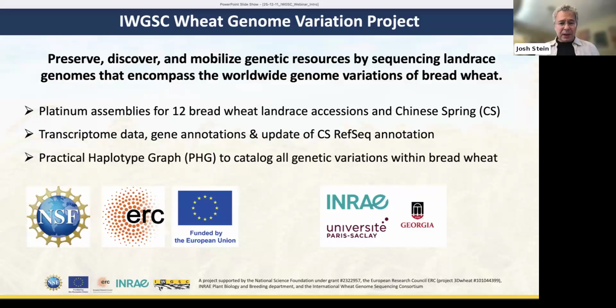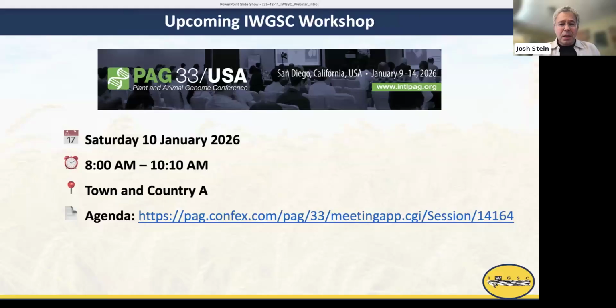These data will be released soon, and they will include not only complete genome sequences, but also transcriptomic data and gene annotations and an update to the RefSeq annotation. Finally, all of the variation will be cataloged using a practical haplotype graph. So that's the plan for IWGSC going forward.